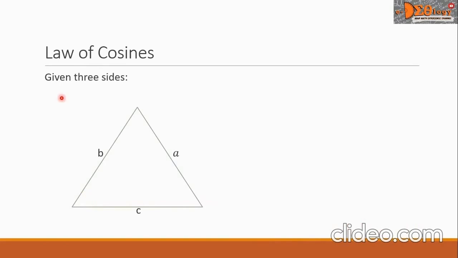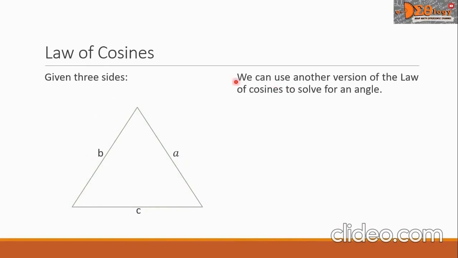Now, another triangle given three sides, as described by this triangle whose sides are A, B, and C respectively. We can use another version of the law of cosines to solve for an angle. Suppose we want to get angle A here.